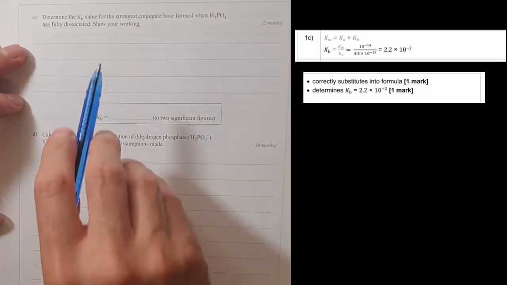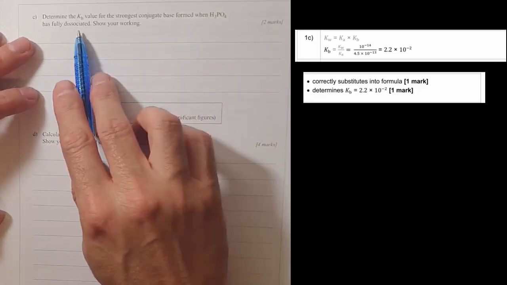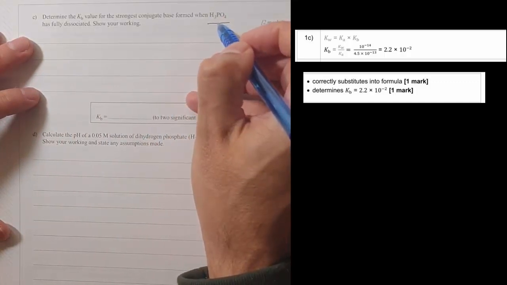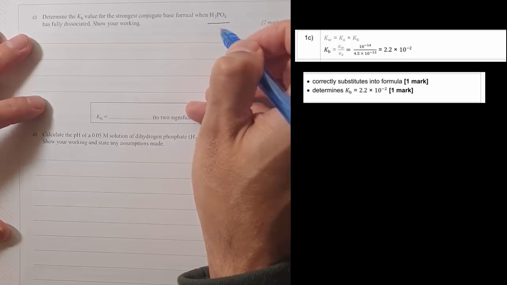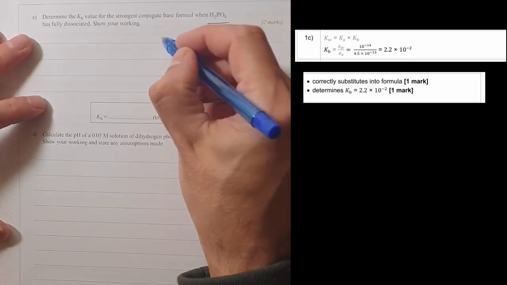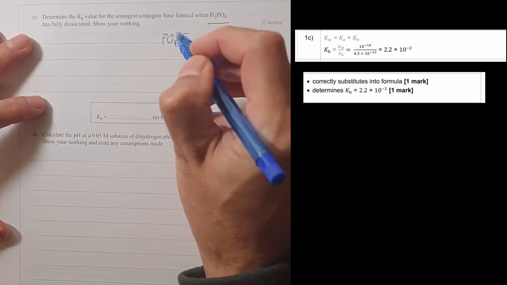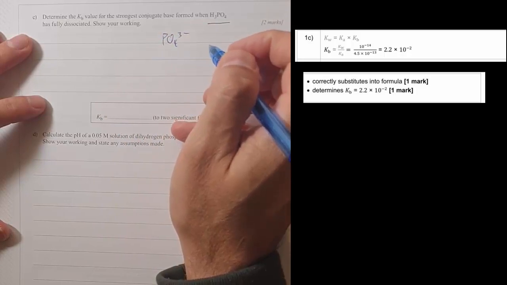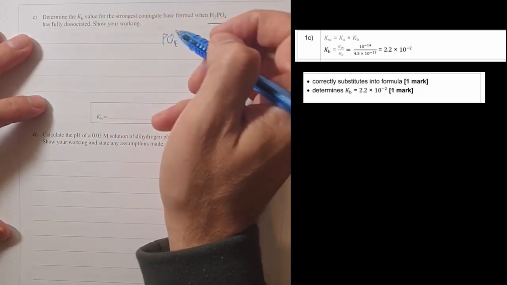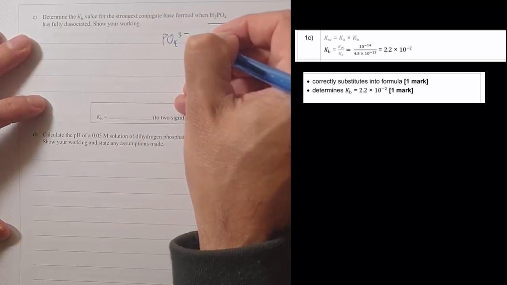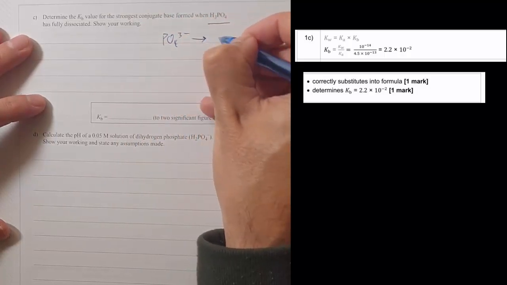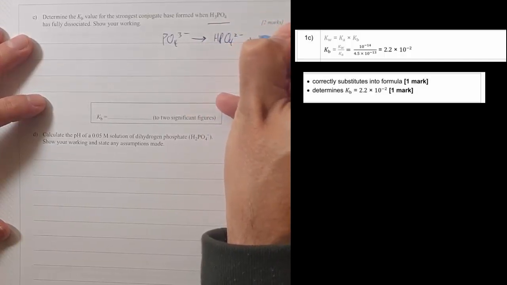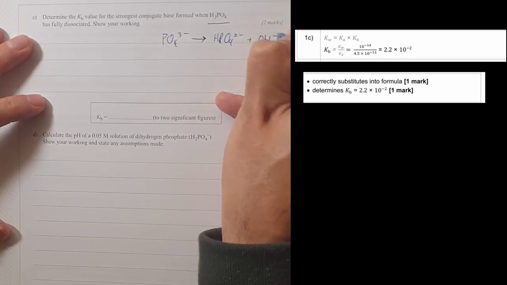Determine Kb for the strongest conjugate base formed when... So when they say that's fully dissociated, I'm going to have to assume that that is fully dissociated. So that's PO4 3 minus. All right. Not super confident, right? So I'm going to go for that being fully dissociated, and so that's then going to go to HPO4 2 minus plus OH minus.